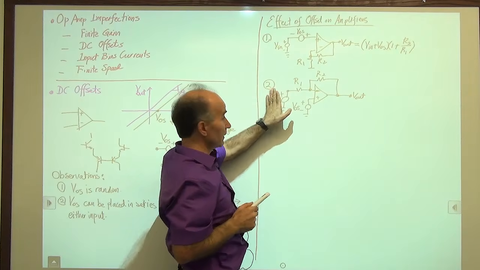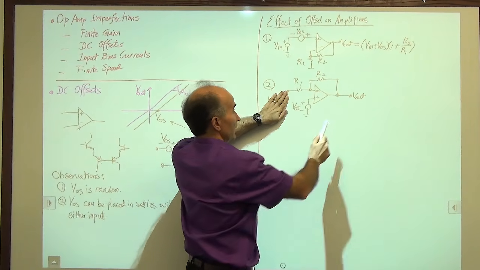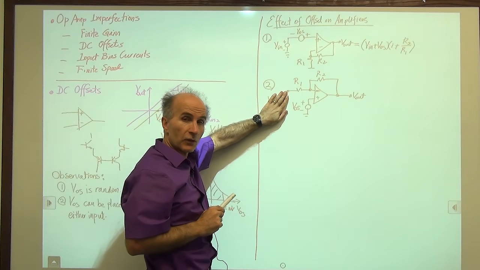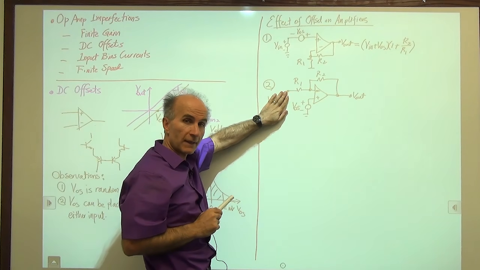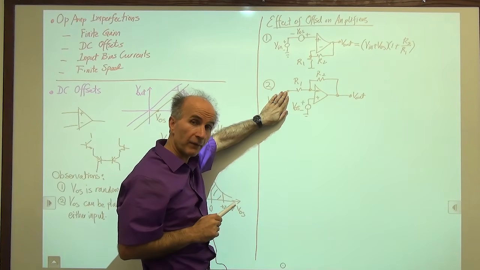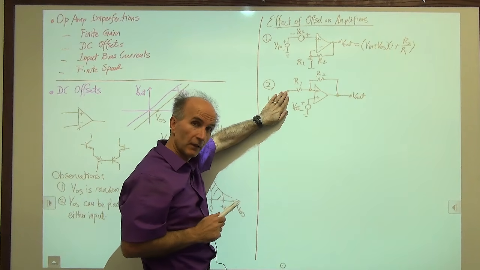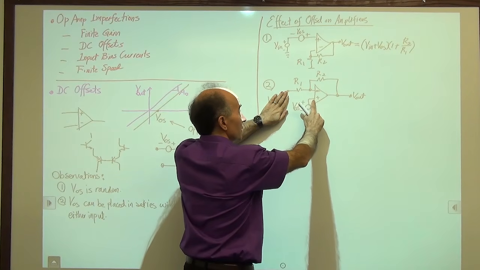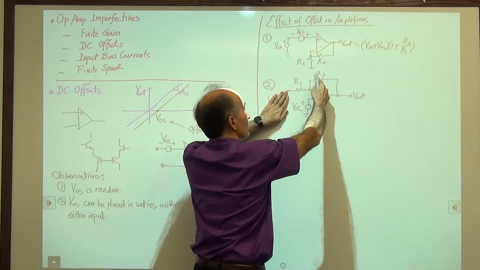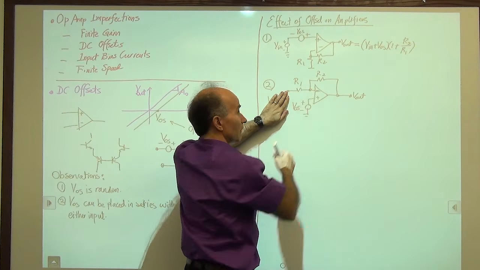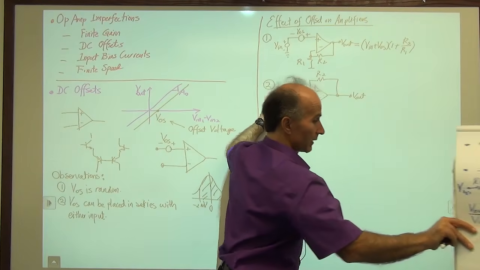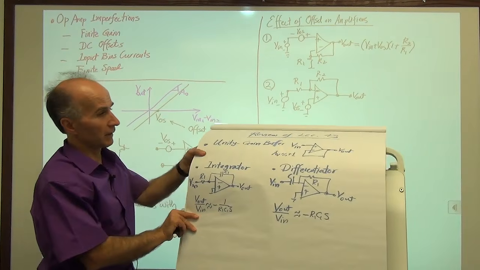And then we set this to 0, and then we say V out is equal to what? Does this circuit look familiar? Yes, this is a non-inverting amplifier as far as VOS is concerned. VOS goes to the positive input of the op amp, and the output of the op amp goes through a voltage divider to the inverting input. So this circuit is the same as this circuit that we have here.